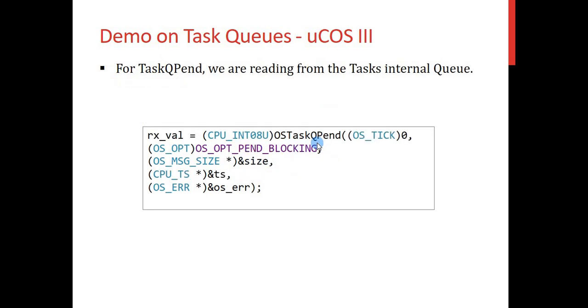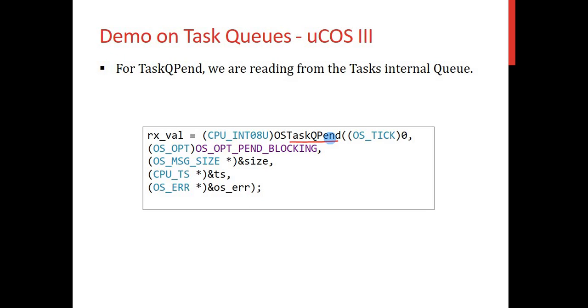What I do over at the other side in task B is I have an OS task queue pend. So I will block my task until somebody actually sends me a message into my queue. You can see that this simplifies things, where I do not need to have an additional message queue.